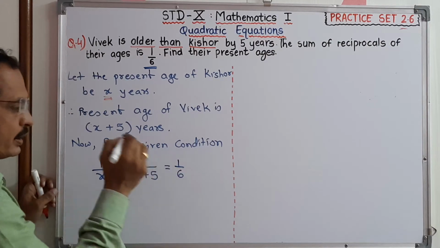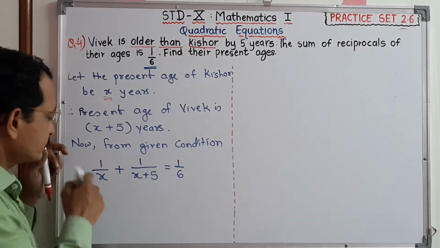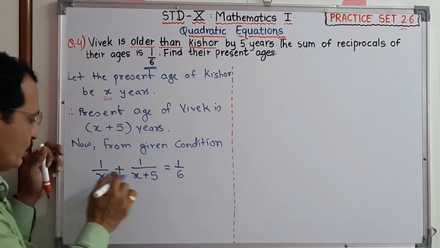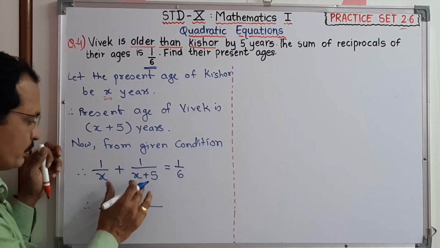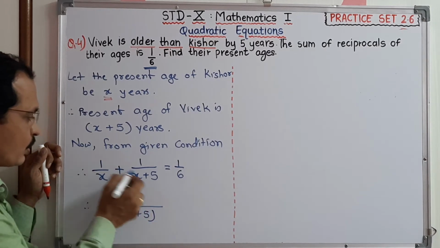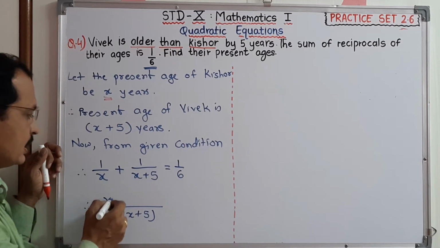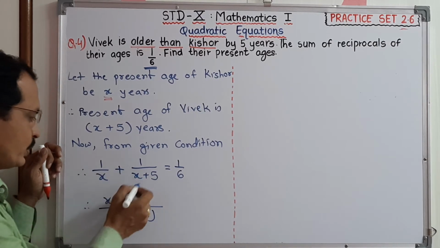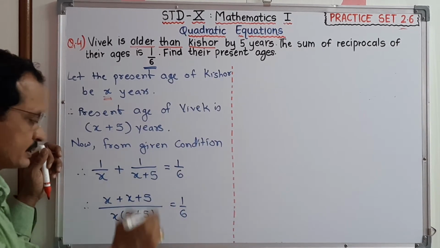Therefore we have to write here 1 upon 6. Now we have to solve this. First of all, we have to make the addition of these two. Therefore, do the cross multiplication: x into 1, that is x, then plus 1 into x plus 5, that is x plus 5, over x into x plus 5, is equal to 1 upon 6.